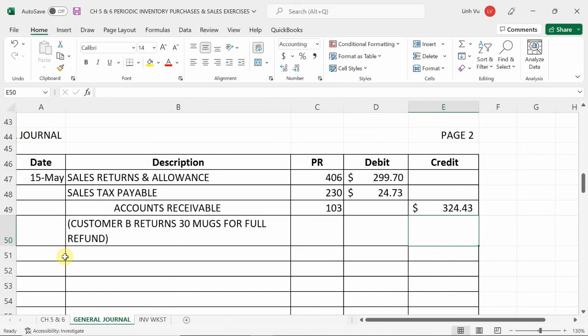The customer's giving it back to us, right? Yes. So then what should I do with it? Should I put it back into my inventory or what?